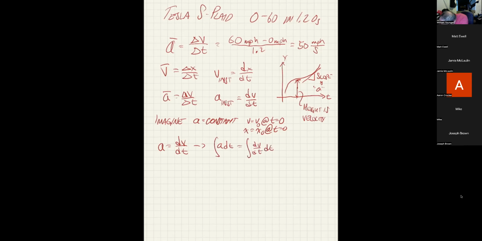That's a differential equation. I'm going to integrate it from t equals 0 to t, and this is going to be integrated from v equals v0 to v of t.